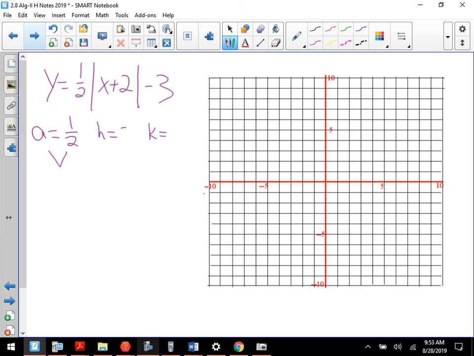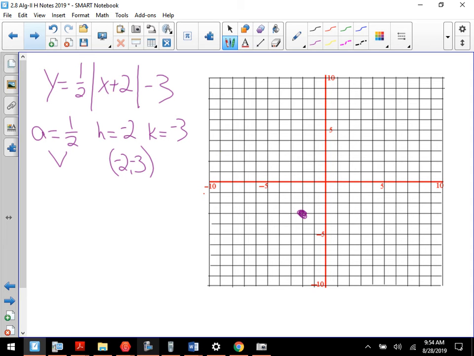We know our H was -2, our K is -3, which means our vertex is at -2, -3. So, first thing I'm going to plot is what? The vertex. -2, -3. I know this has to be an opening slope. It's got to be a slope of 1/2 to start.